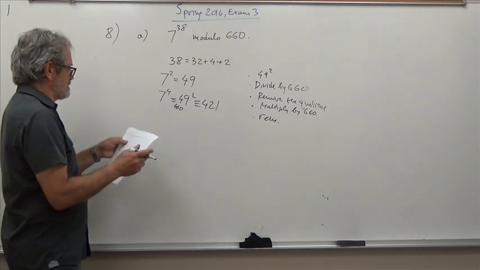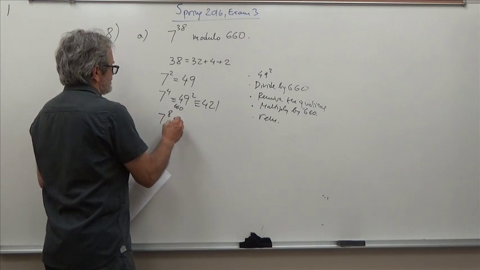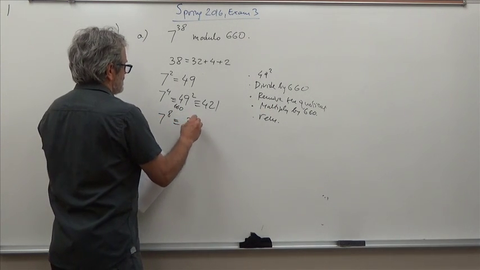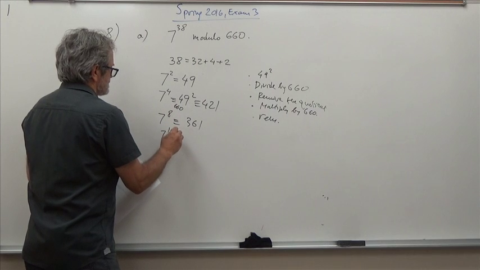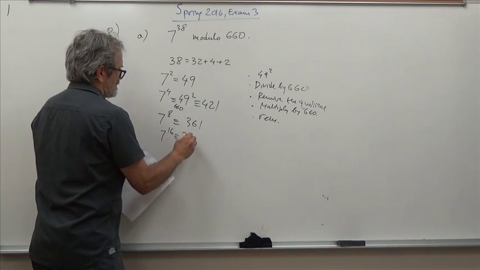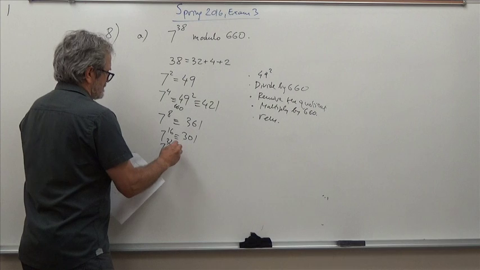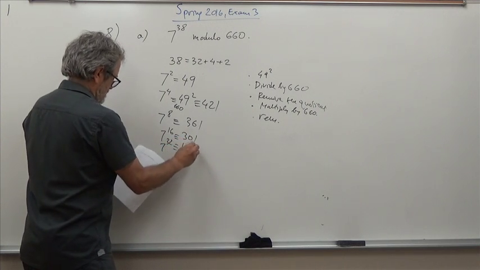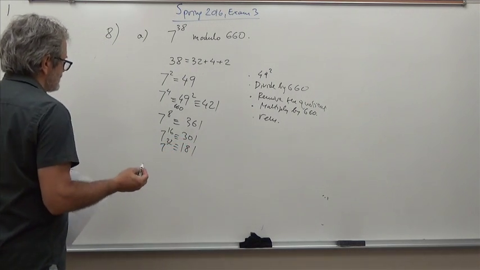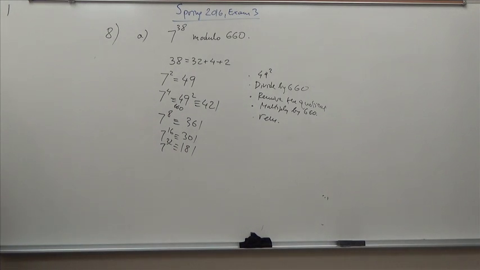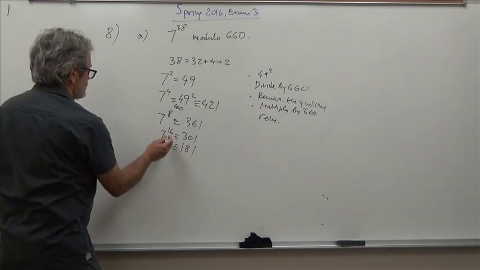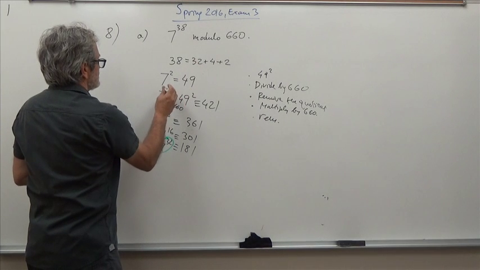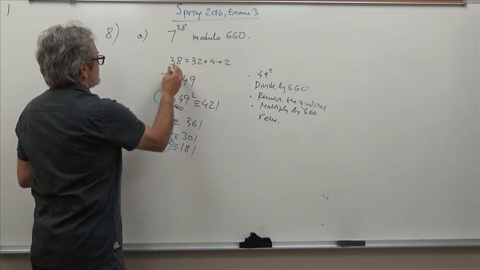All right, and then repeating that using a calculator, you get 7 to the 8 is 361, 7 to the 16 is 301, 7 to the 32 is 181, and then what? 7 to the 38 will contain what? 7 to the 32, 7 to the 4th, and 7 squared.